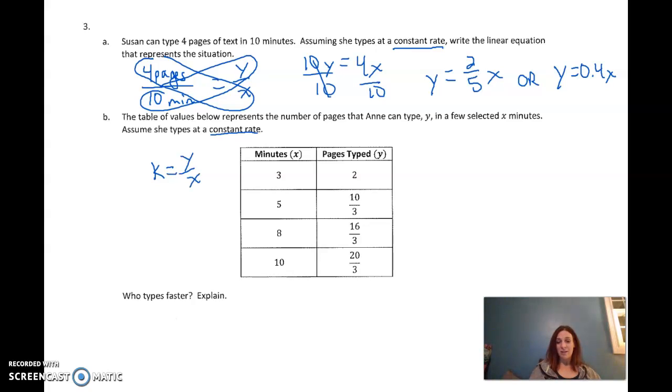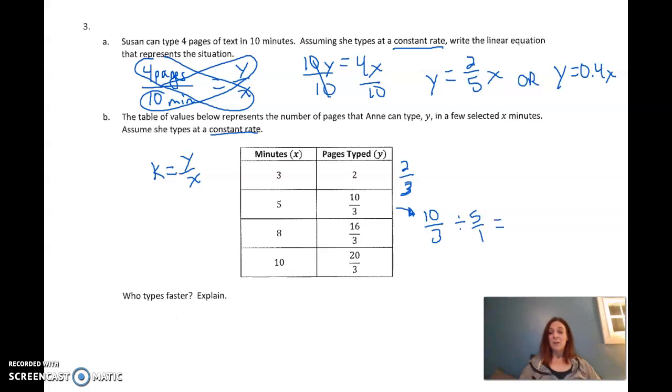Here's the y's, here's the x's. Pages typed per minute. So that would be 2/3. Now it tells us it's constant, so unlike 7th grade where we had to prove something was constant and I'd have to try all of them, we know it's 2/3. But I want to show you something. Because sometimes we're like, well, it can't be 2/3 because 10/3 divided by 5, or 5/1, isn't going to be 2/3. Watch what happens.